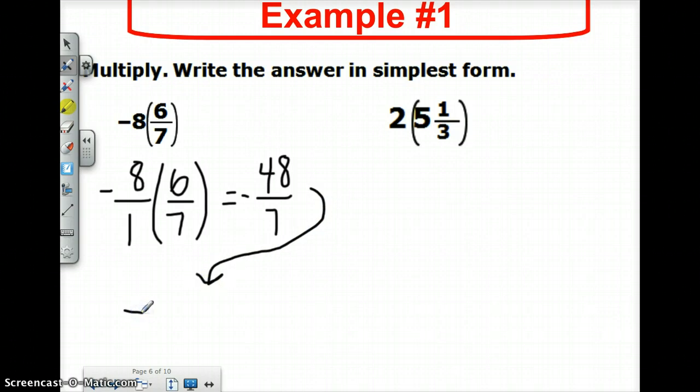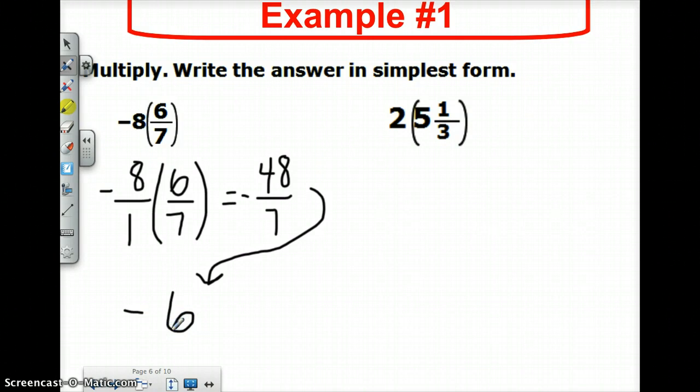Negative what? Remember our song that I taught you in class, I-O, it's off to math you go, the top goes in and the bottom goes out. Negative 48 divided by 7. Well, 7 will divide evenly into 48 how many times? 6 times.